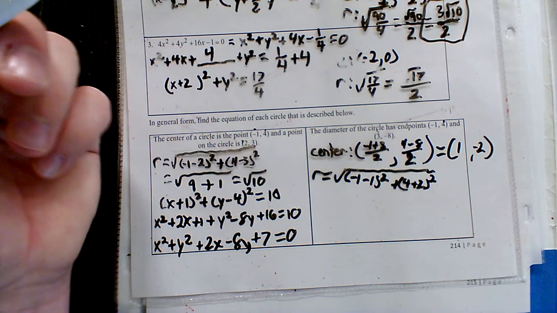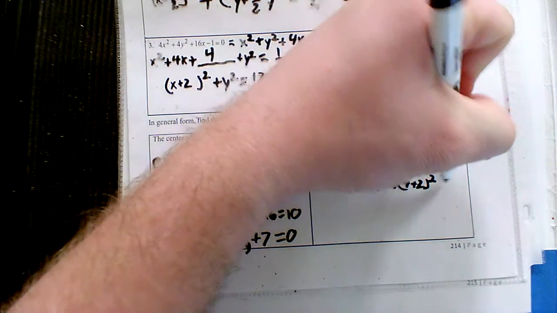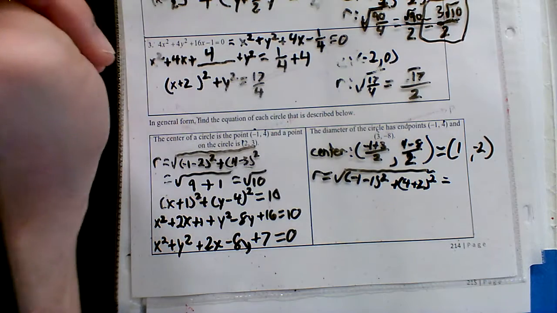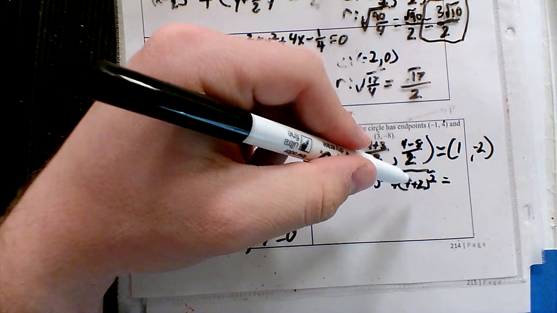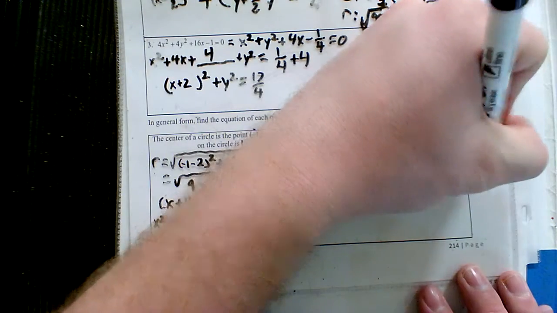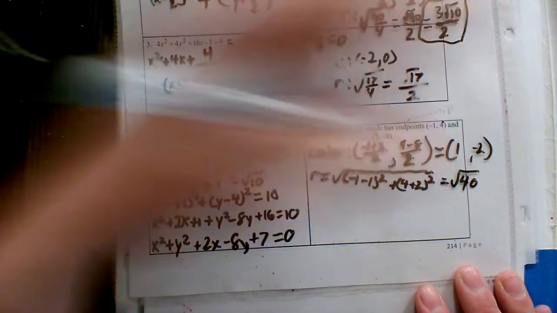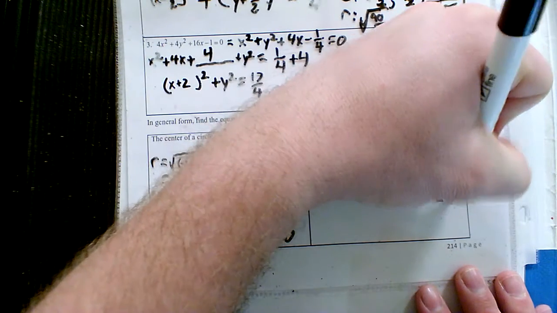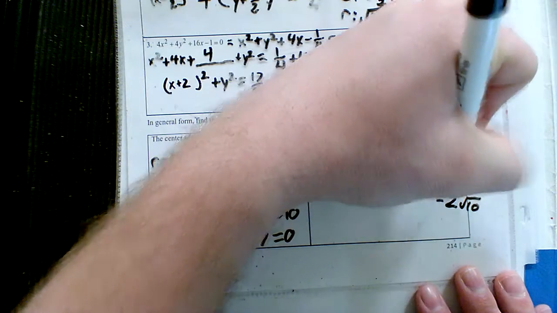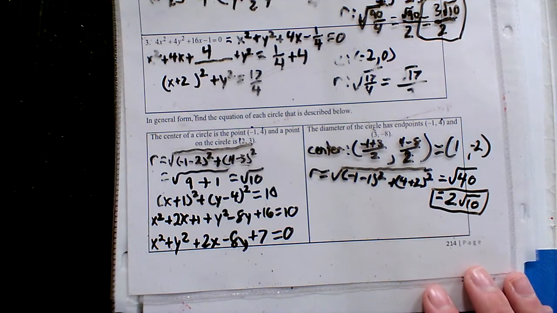You could have used the 3, -8. -1 minus 1 is -2 squared is 4. And then 6 squared is 36, so you get the square root of 40. Square root of 40 can be broken down as 2 square roots of 10. So that would be the radius.